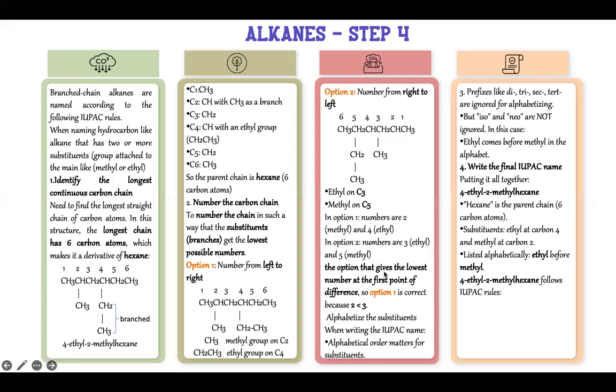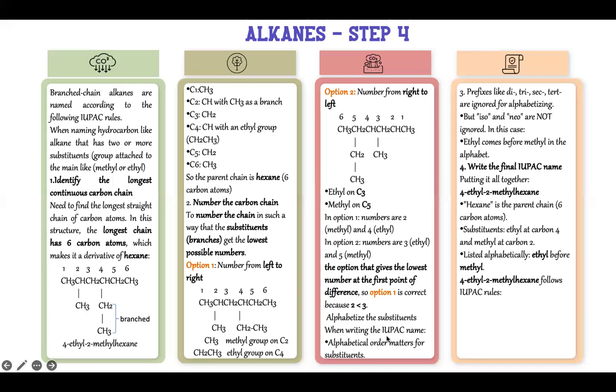The option that gives the lowest number at the first point of difference is correct, so option 1 is correct, because 2 is less than 3. Then you need to alphabetize the substituents.